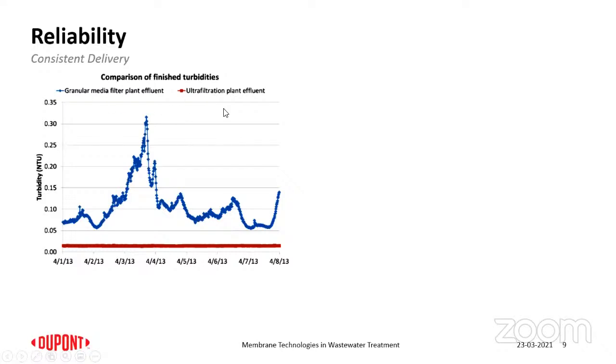We are comparing the output of these two units, checking the turbidity of the output. You would see the membrane-based filtrate output is very consistent, a flat line, whereas the output from the traditional depth-based sand media has spikes going up and down, up and down.